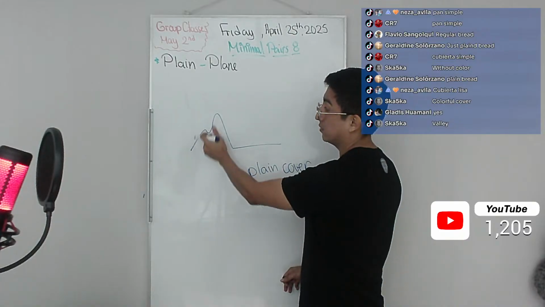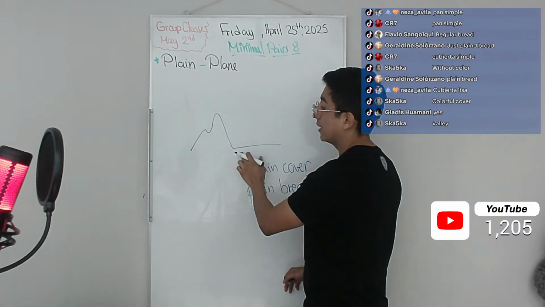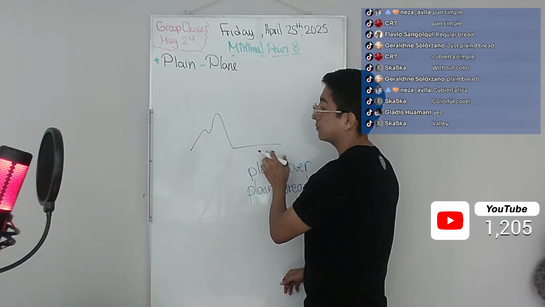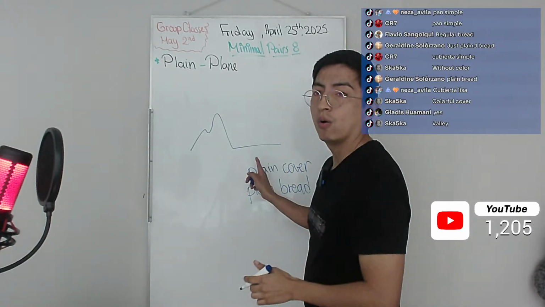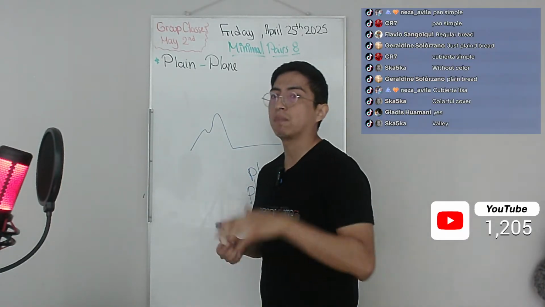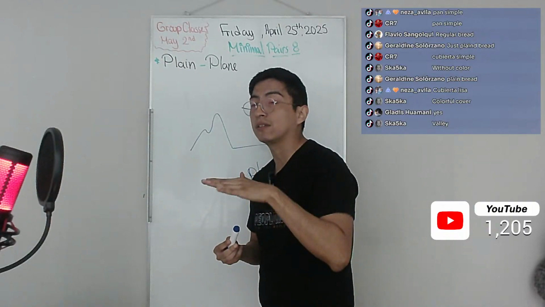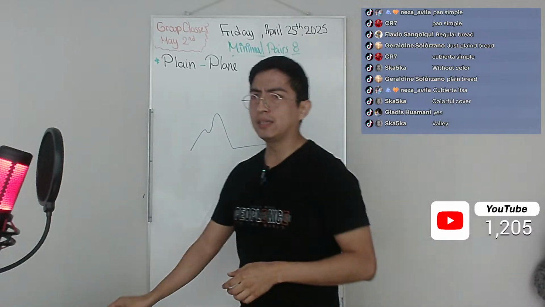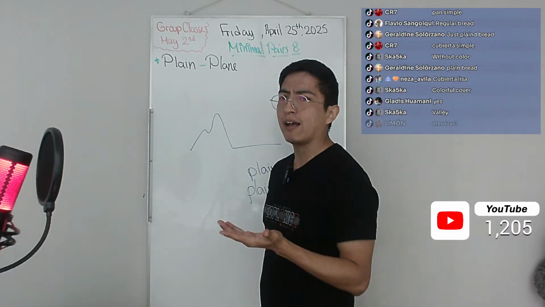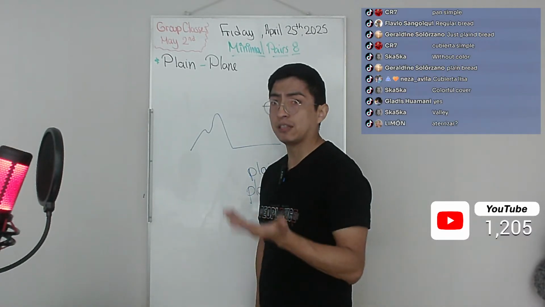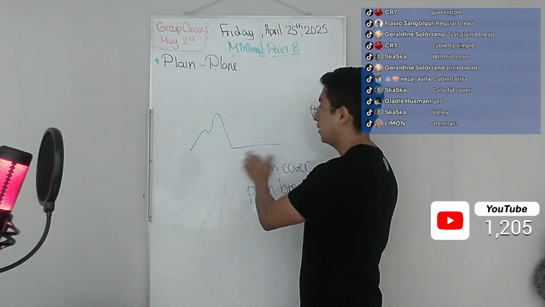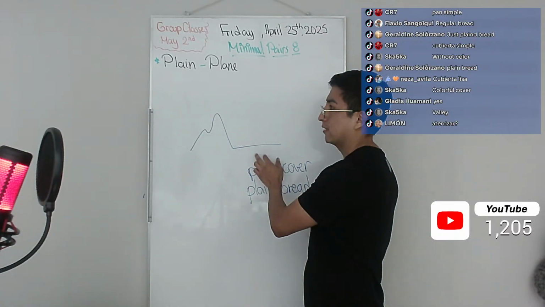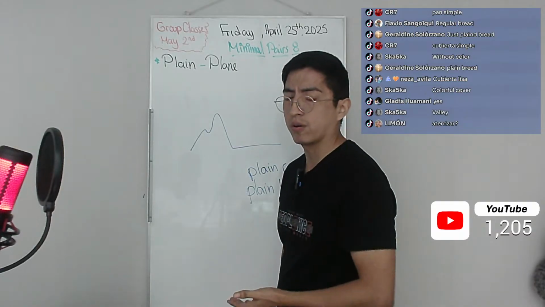This is like a mountainous land, and this is a plain. These are plains, or this is plain or flat. For example, in Argentina, we have Las Pampas. Las Pampas are a plain land. It is a plain territory.